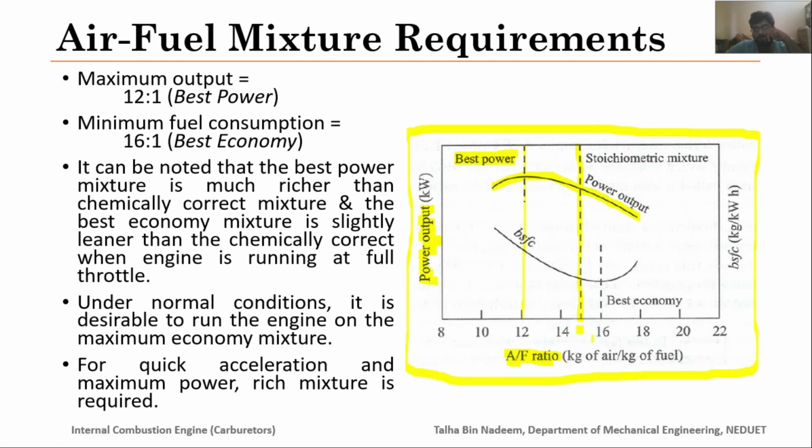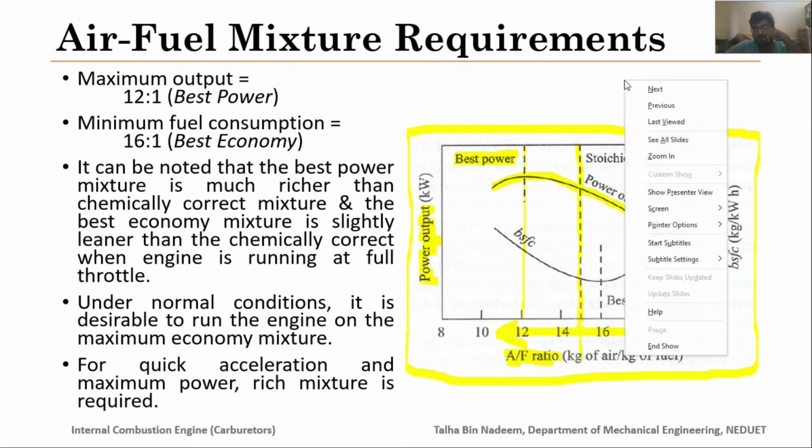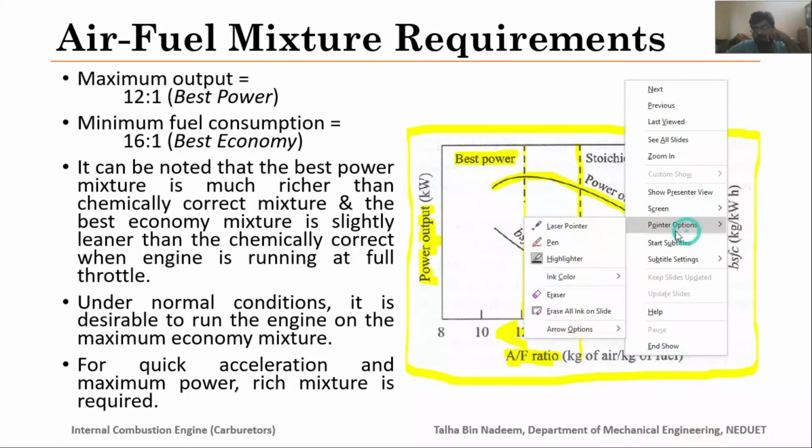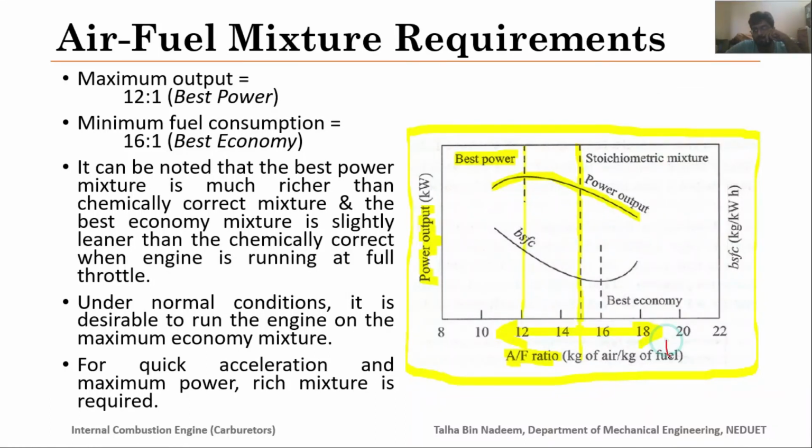This is the stoichiometric point, and if you go beyond this point to the right side, you get a lean mixture, and if you go to the left side of this point, you will get a rich mixture. And I'm simply writing it down.